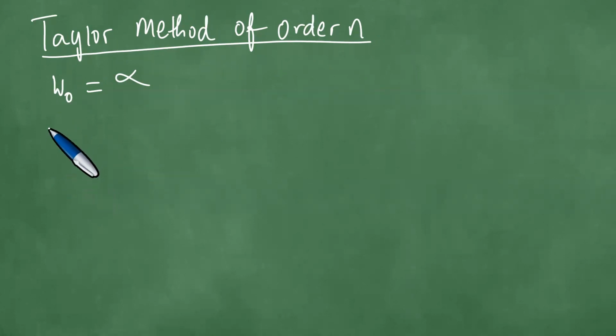So W0 is alpha. And now it looks very similar to Euler. In particular, I'm just going to justify the fact that Taylor and Euler are equivalent.